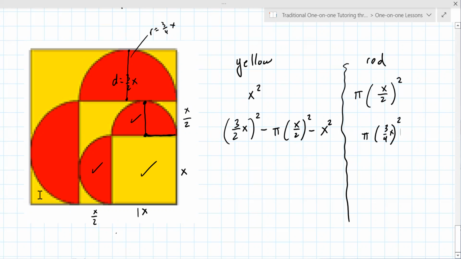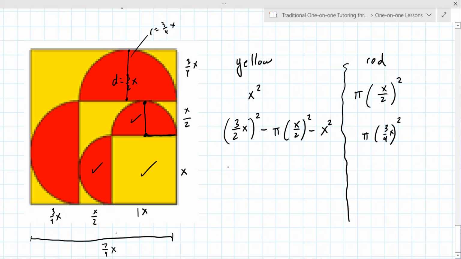To get that, you need the full width, 3/4 x and 3/4 x, added up, so that's 7 over 4 x.